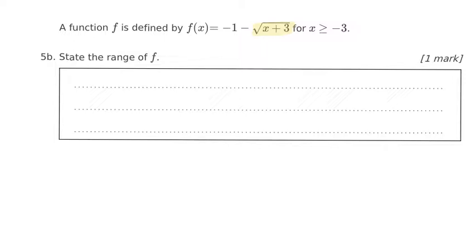So that means you are always going to be subtracting a positive number from -1. So the greatest output is going to be -1. The range is y less than or equal to -1 for x belonging to any real value.